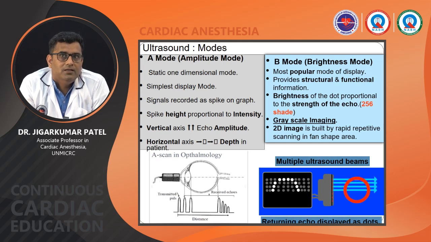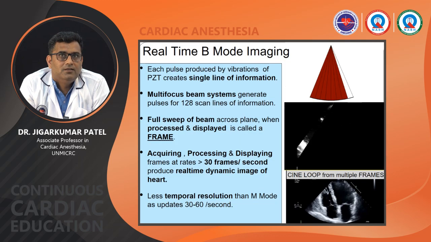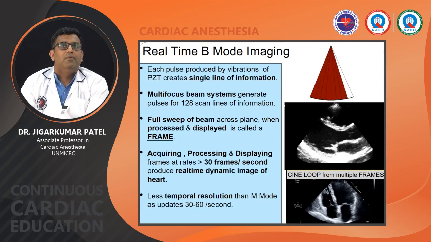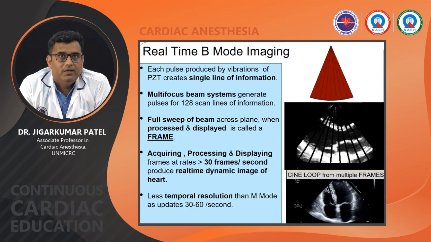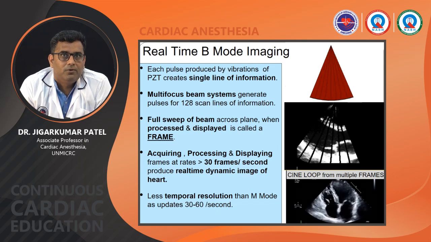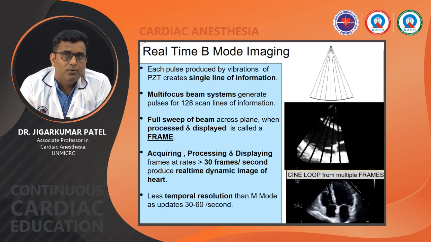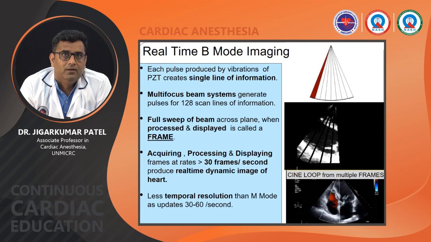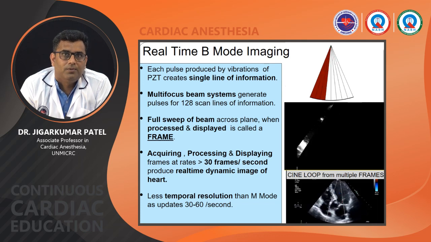And a 2D image is built by rapid repetitive scanning in a fan-shaped area. This is 2D imaging, real-time B mode imaging. Each pulse of the PZT produces vibration and produces a single line of information, and a multiple beam system generates pulses of around 128 scan lines of information.